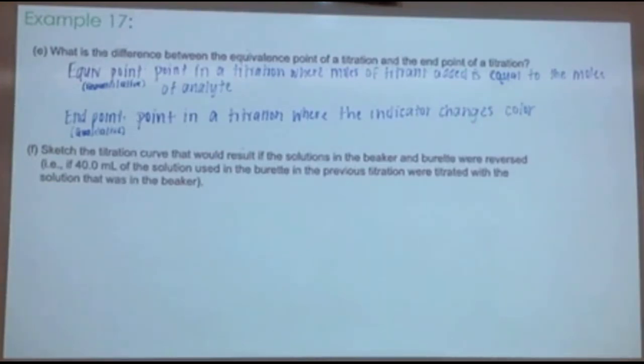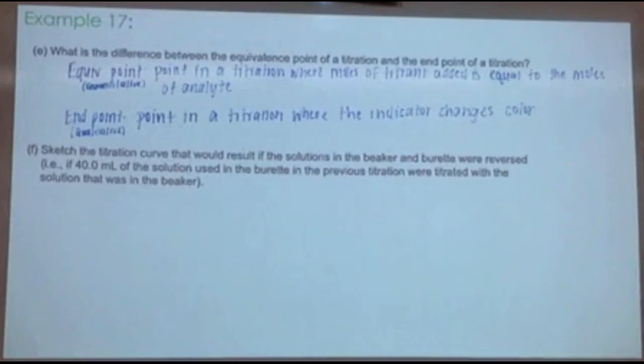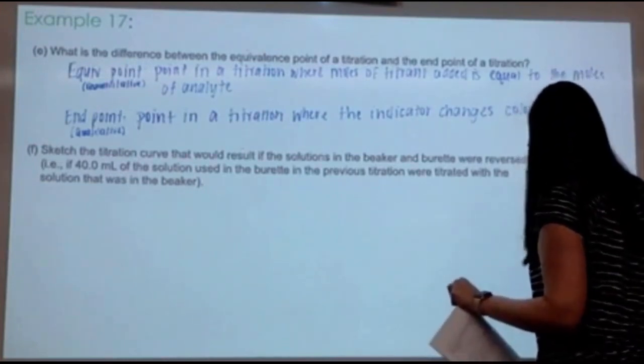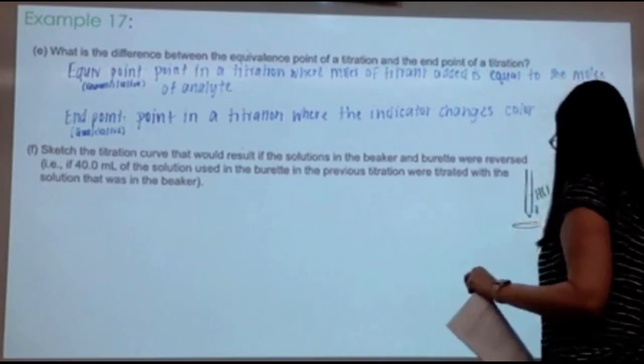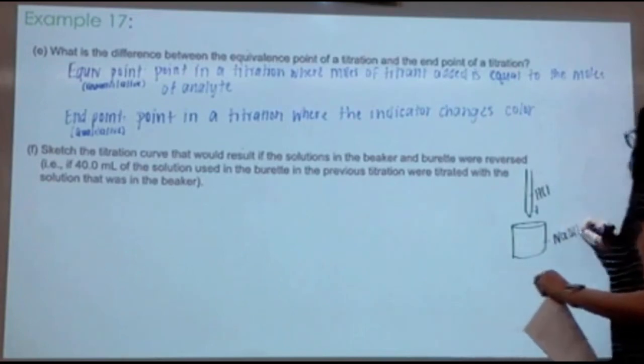And then part F, sketch the titration curve that would result if the solutions in the beaker and burette were reversed. So now that means that we're looking at the HCl being in the burette, and the NaOH being in the beaker.